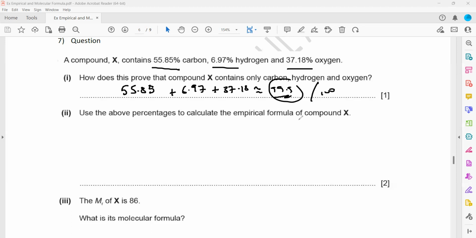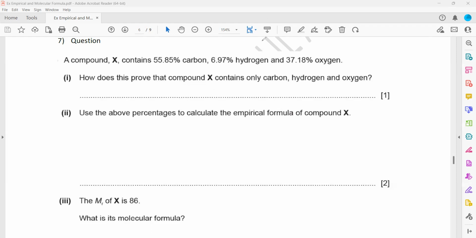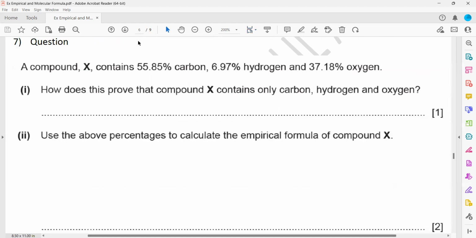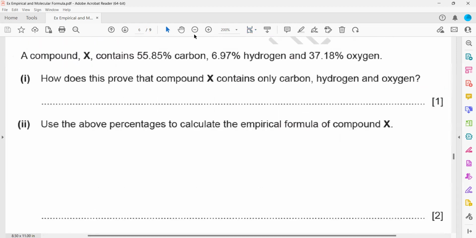Use the above, calculate the empirical formula. So how to work out the empirical formula? We have the percentages. The same manner we will do. So we have carbon, hydrogen, and oxygen. Carbon is 55.85%, hydrogen is 6.97%, and oxygen is 37.18%. Step 1, divide by atomic mass.